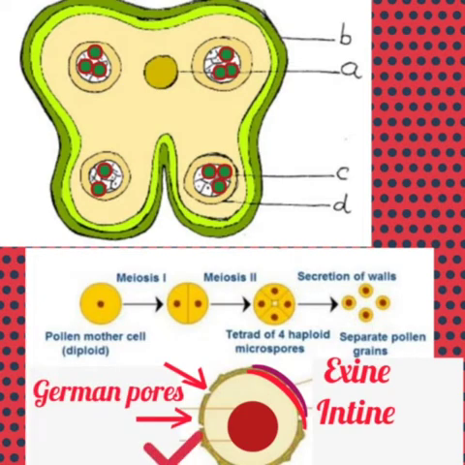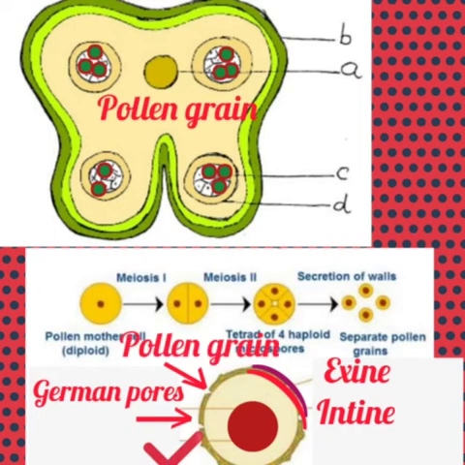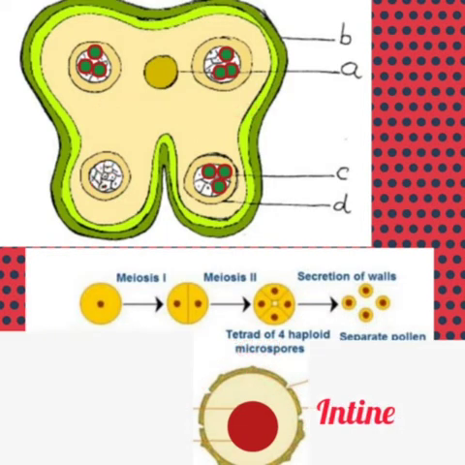So students, this structure of the microspore is known as the pollen grain. So pollen grain is actually a microspore with the layers intine and exine around it. So students, this is how a microspore gives rise to a pollen grain.